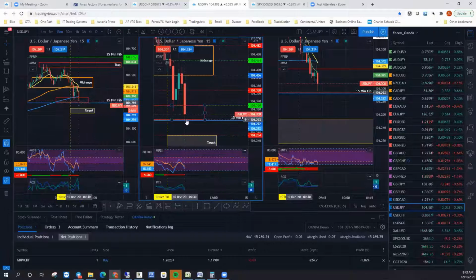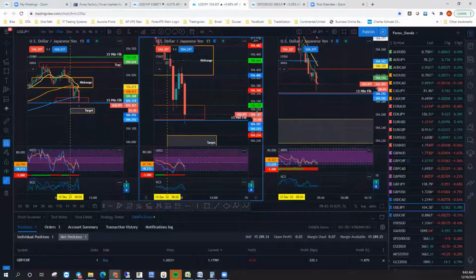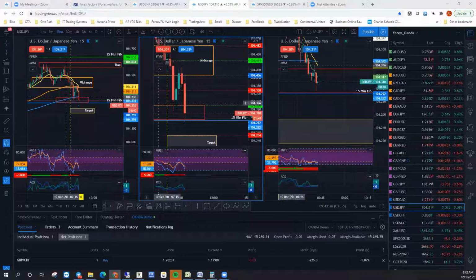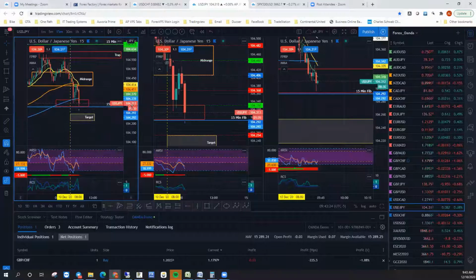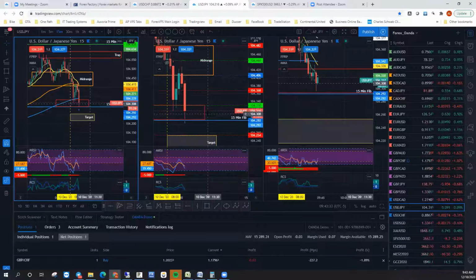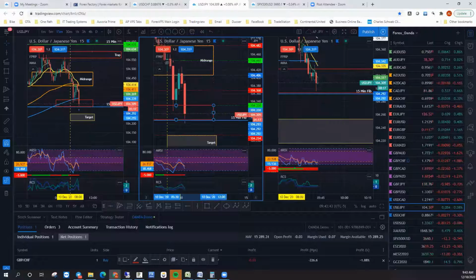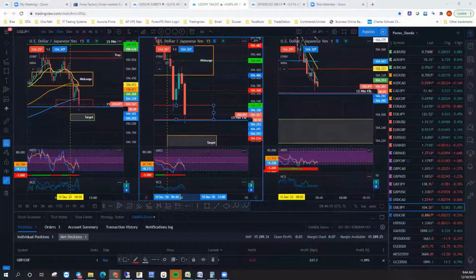Here's our 15-minute fib line. It's getting a bounce off of that. Yep, I'm satisfied with that.